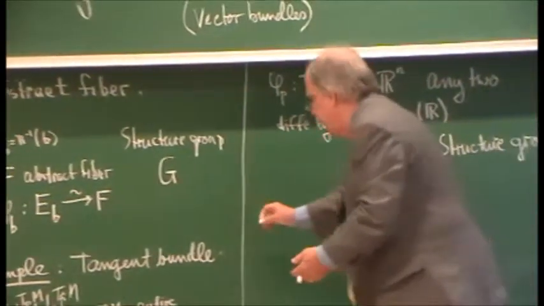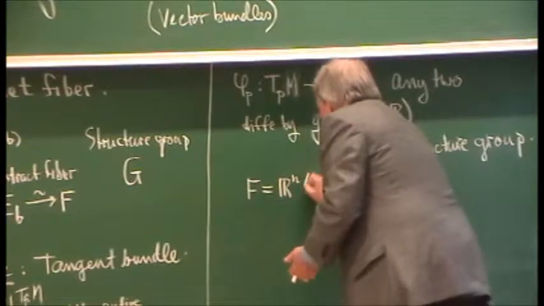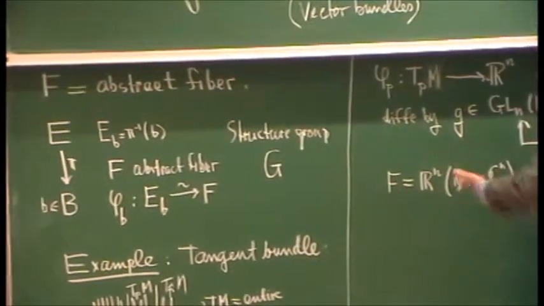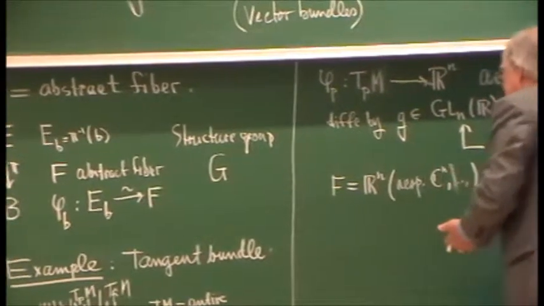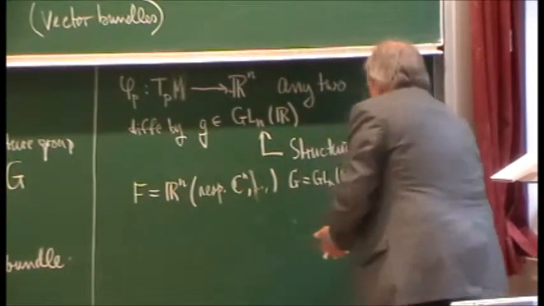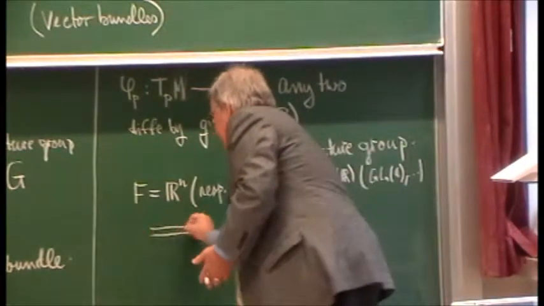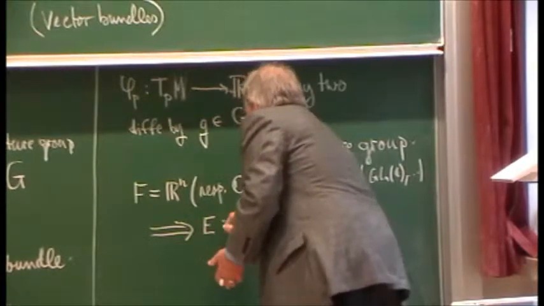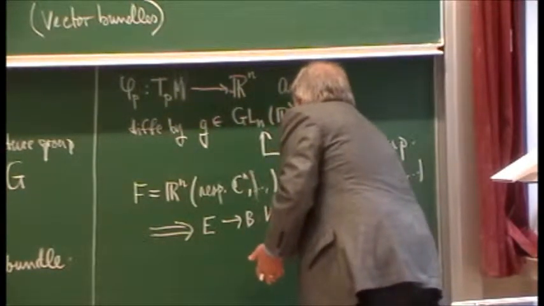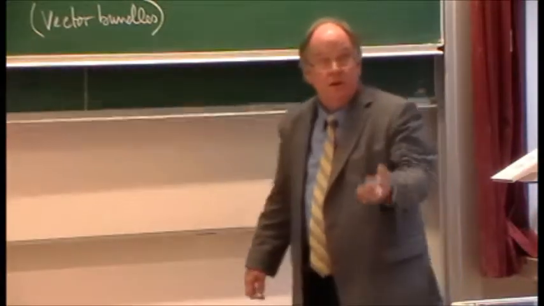In this context, if F equals Rn, or, to make it clear, Cn, or any vector space you wish, and G is equal to GLn(R) or GLn(C), whatever the linear group is, then this thing, E over B, the total space over the base space, is called a vector bundle. The reason it's called a vector bundle is that it's a bundle of vector spaces.